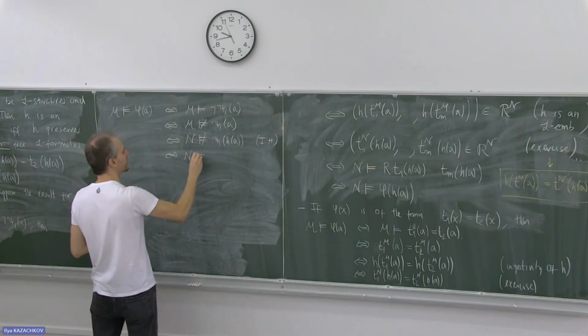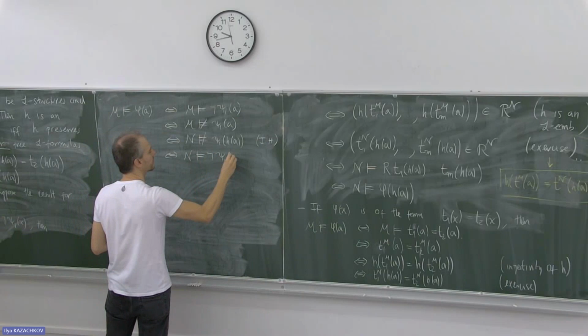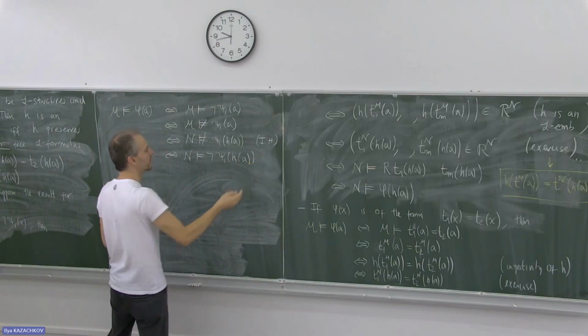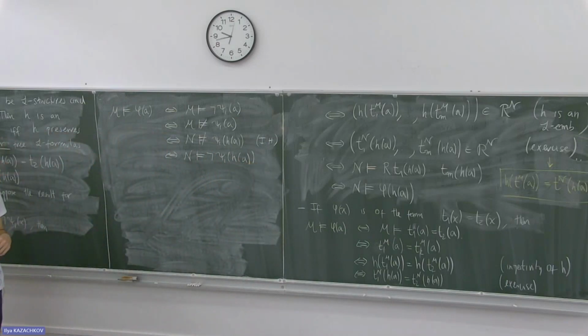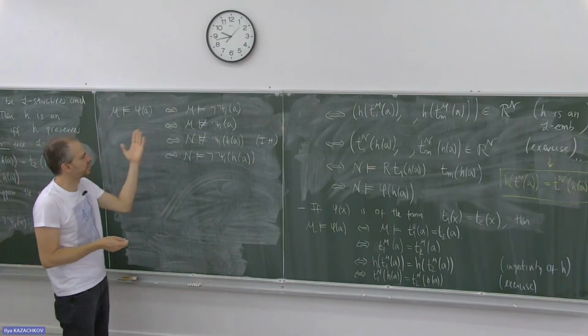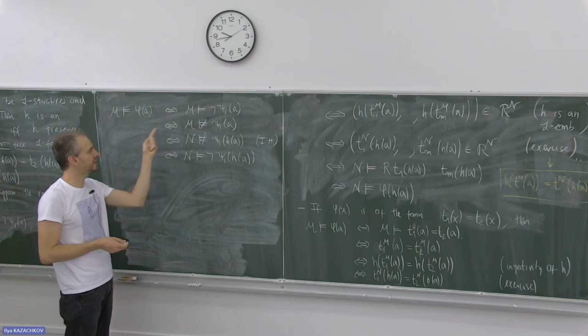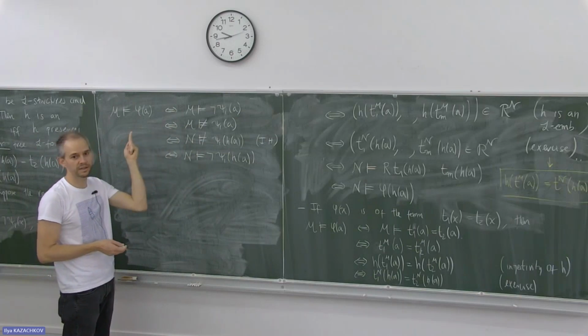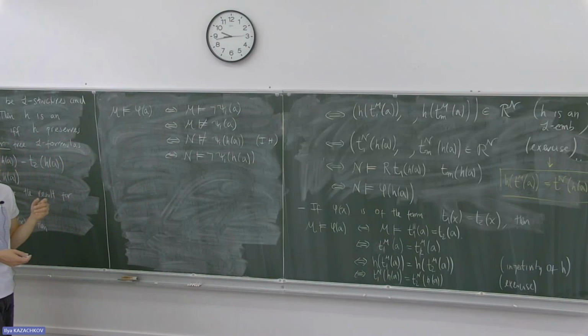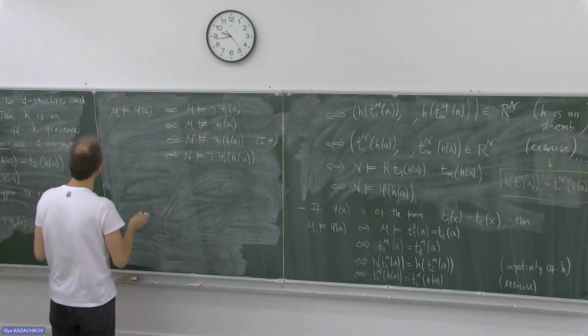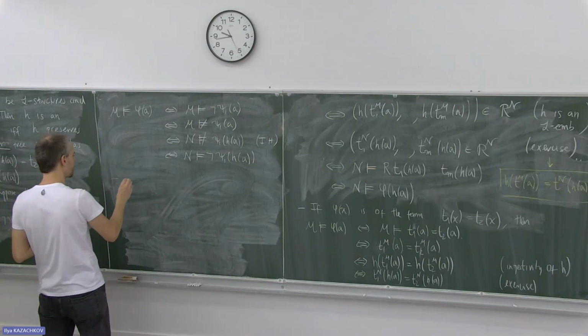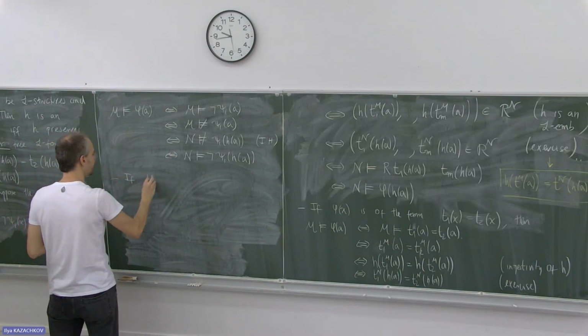And of course, this is the same as N satisfies the negation of psi1 of H of A. Okay? So here is just basic induction hypothesis. This is the point where we really need that we're proving the if and only if. This is basically why we chose a stronger induction hypothesis, so that we can deal with this case easily.